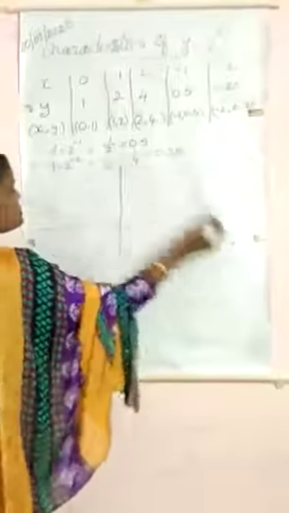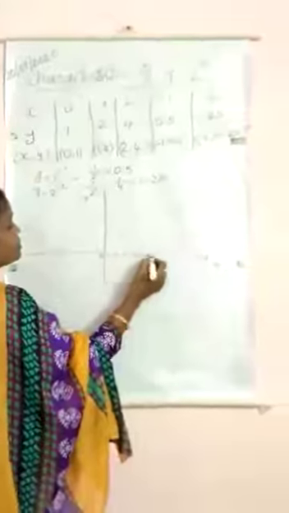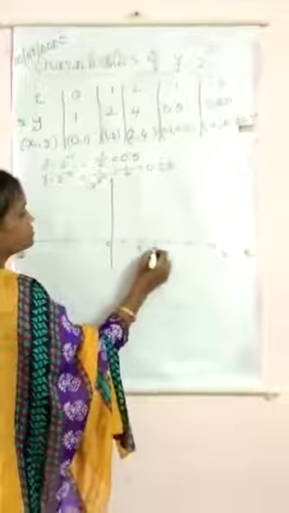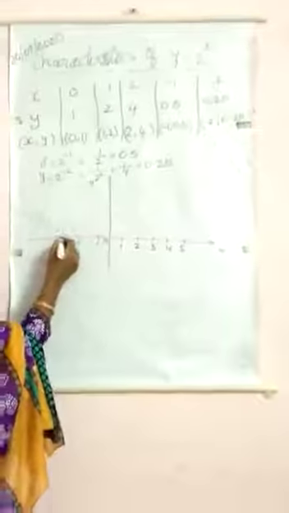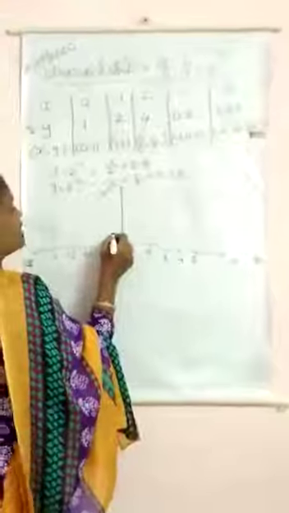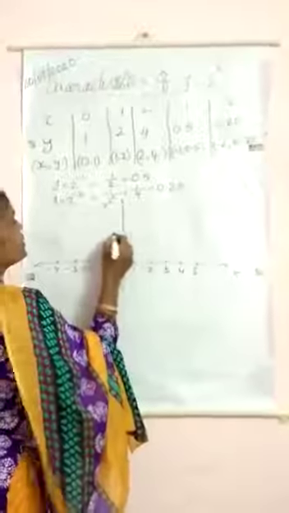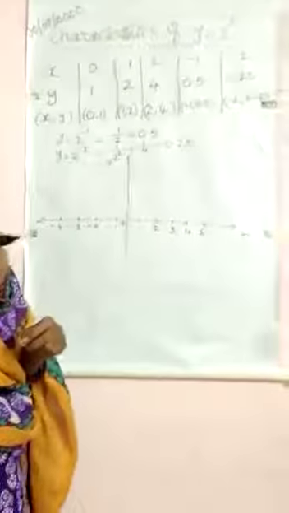Taking the x-axis and y-axis, I am marking 0, 1, 2, 3, 4 and so on, and here the negative values minus 1, minus 2, minus 3, minus 4 and so on. Here we take the scale on the y-axis: 1 centimeter is equal to 2 units.